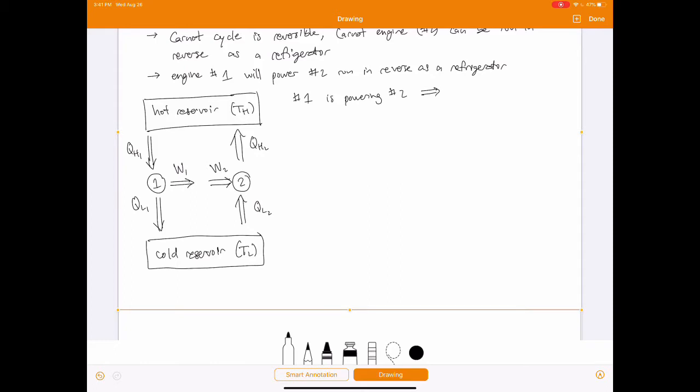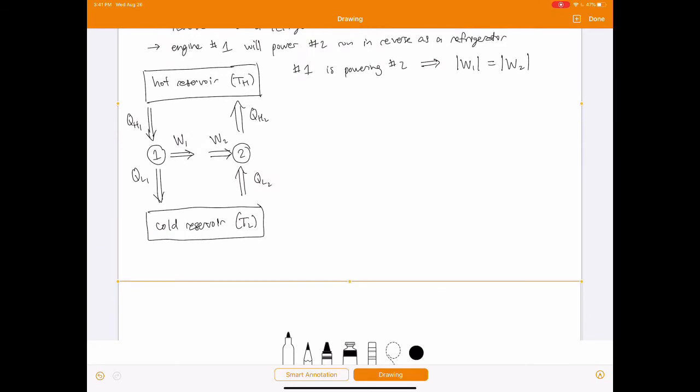So since number 1 is powering number 2, we have that work 1, at least in terms of magnitude, is equal to work 2, because the work output by engine number 1 is the work that's input to this refrigerator. So what we can then do is say, what is W net? What is the net work done by 1 and 2 together?